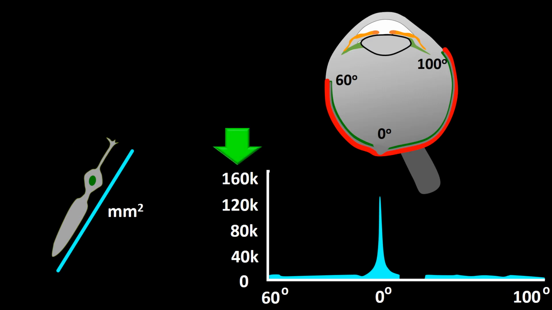The column indicated by the arrow, that is the y-axis of the chart, indicates the number of visual elements per square millimeter. The y-axis corresponds to the retinal bed at the level shown in the diagram of the eyeball.